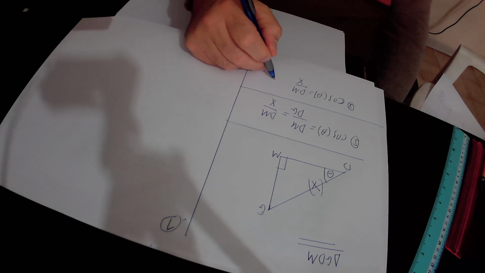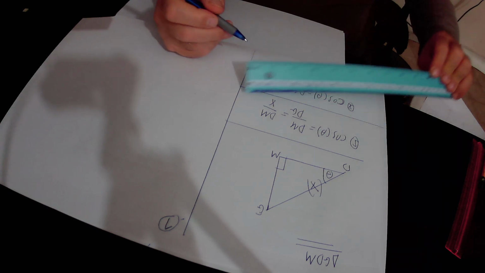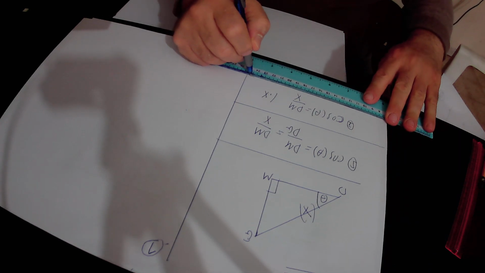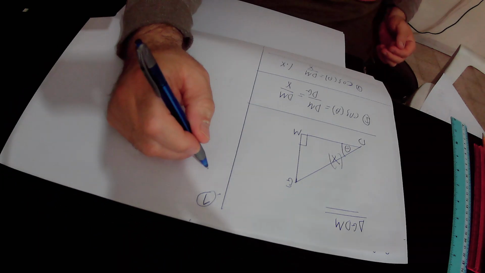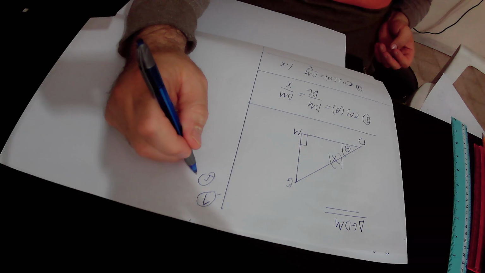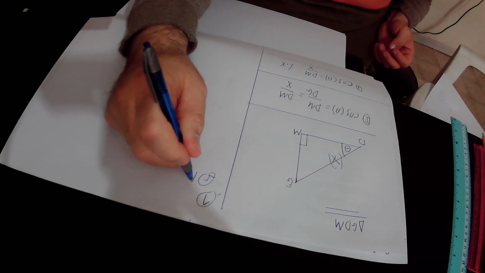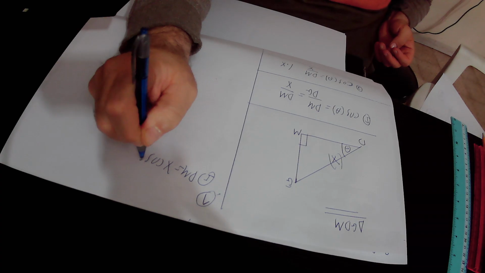Here we multiply this equation 1 by x. And finally, according to equation 1, we get that DM equals x times cosine theta.